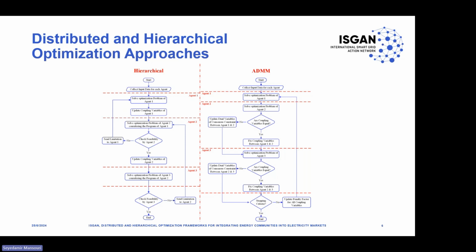But in the hierarchical one, the computational burden is very low, but we can't achieve the global optimum solution, which is more realistic, and we can neglect the global optimum solution in real world studies.